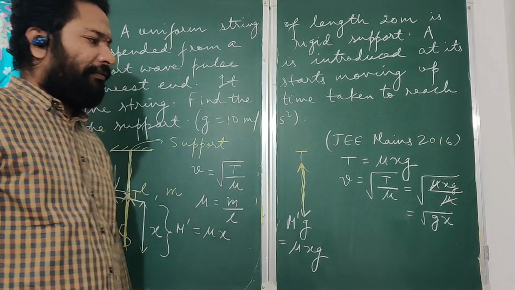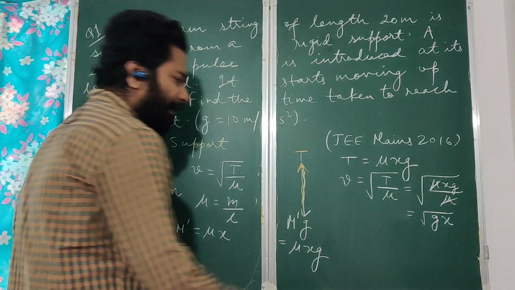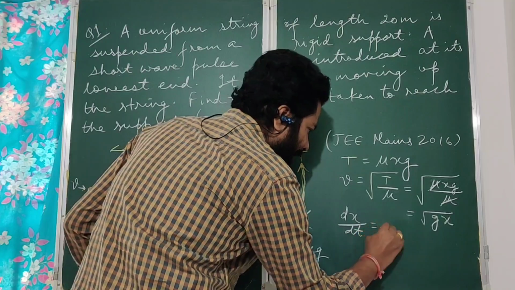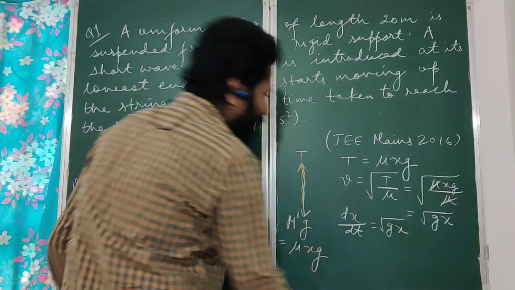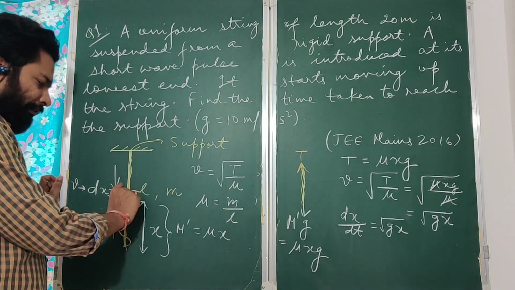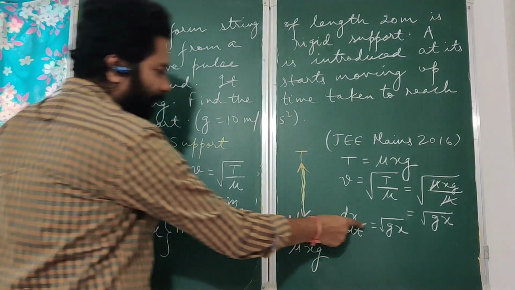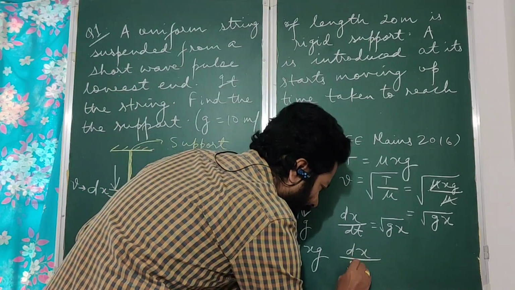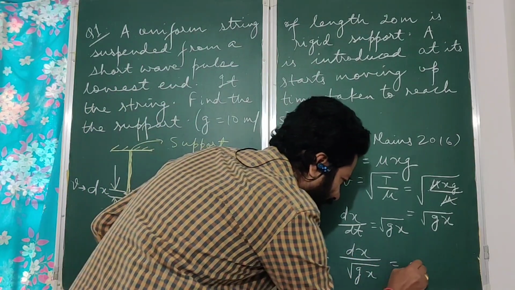Now velocity itself can be written as dx by dt. So dx by dt is equal to root of gx. dx is the distance which has been travelled by the wave in time interval dt. So this can be written as dx by root of gx, and that is equal to dt.